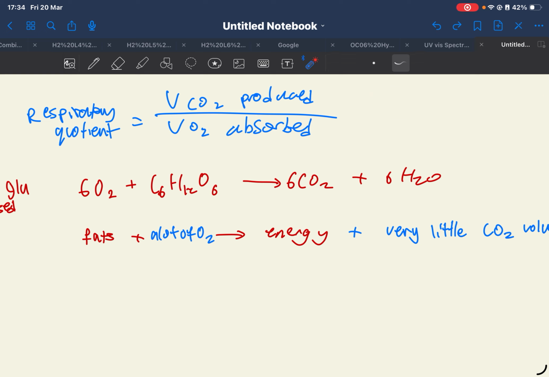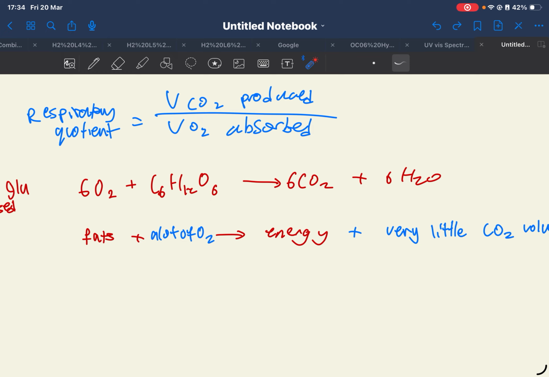So in this case, the mole ratio is 1:1, right? So therefore the volume ratio will in the end be 1:1 also, because remember the mole ratio and volume ratio are the same. That's what we learn in chemistry, right? So there's a bit of linkage, a symbiotic link to chemistry. So the respiratory quotient of glucose will be equal to 1/1, which is just 1. So that's the maximum, okay?